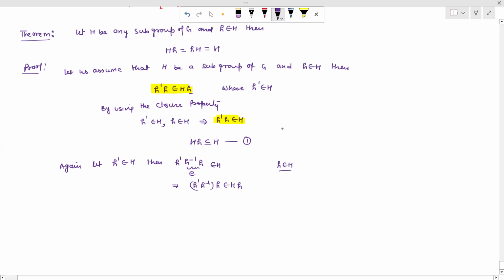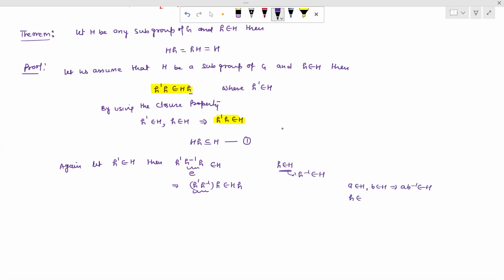This belongs to the right coset because h belongs to H. H is a subgroup of G, so its inverse also exists. The h inverse also belongs to H. So when we take two elements, h' into h inverse also belongs to H, because we know the property: if a belongs to H, b belongs to H, which implies that a into b inverse also belongs to H. By using this property, we take one element as h.